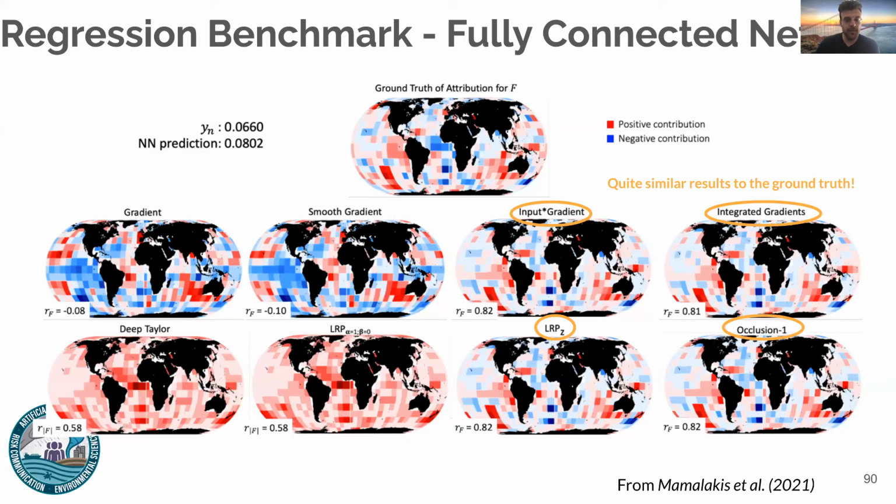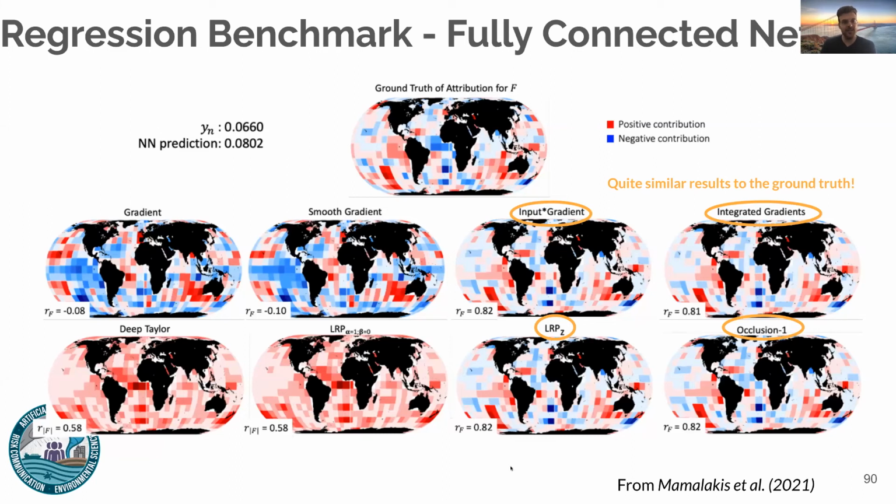You can see all of these methods highlight the southeastern Pacific, this pattern of very high positive contribution. The Eastern Tropical Pacific also, they highlight the Southern Indian Ocean, the Southern Atlantic Ocean as contributing negatively. So there is big agreement with the ground truth. So that's the whole idea of benchmarking.